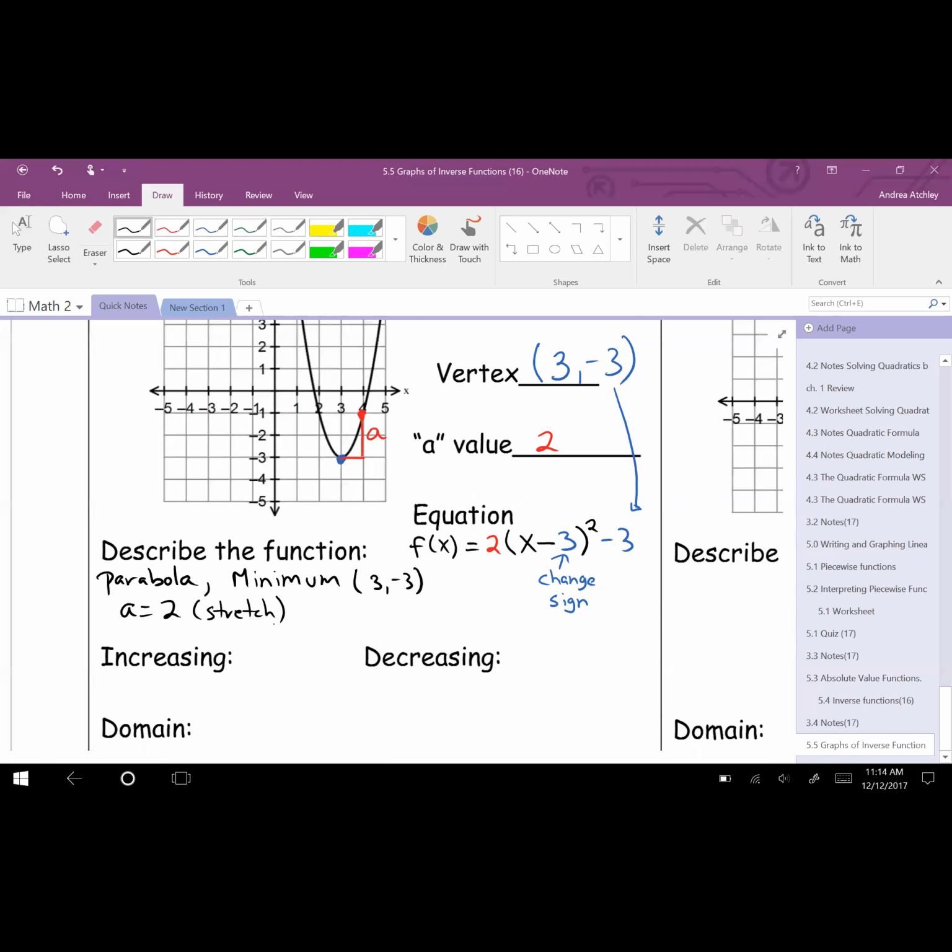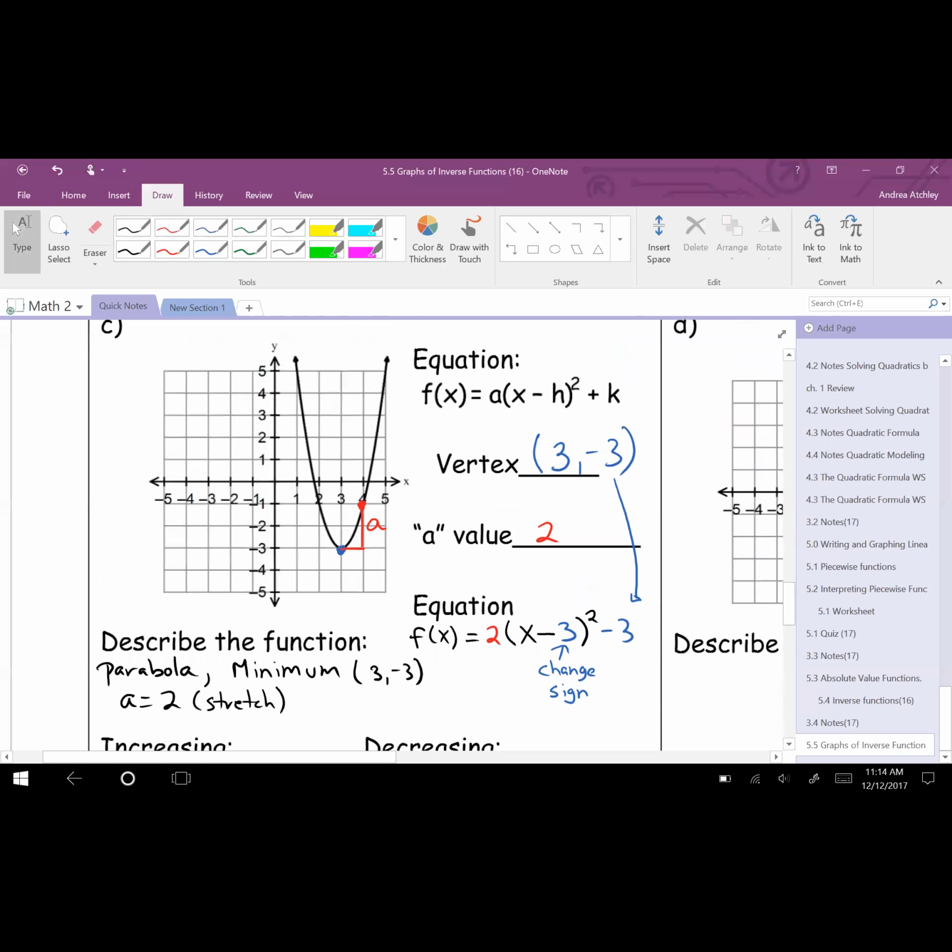The increasing and decreasing. So let's go from there. Okay, so as I move from my left, what am I doing? Increasing or decreasing? I'm going down, so that's a decrease.